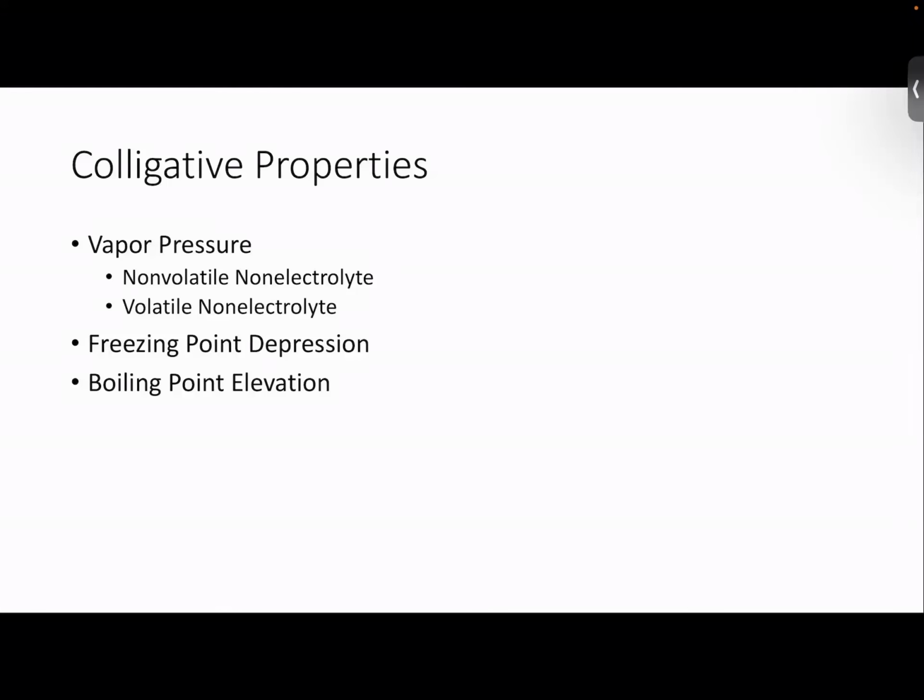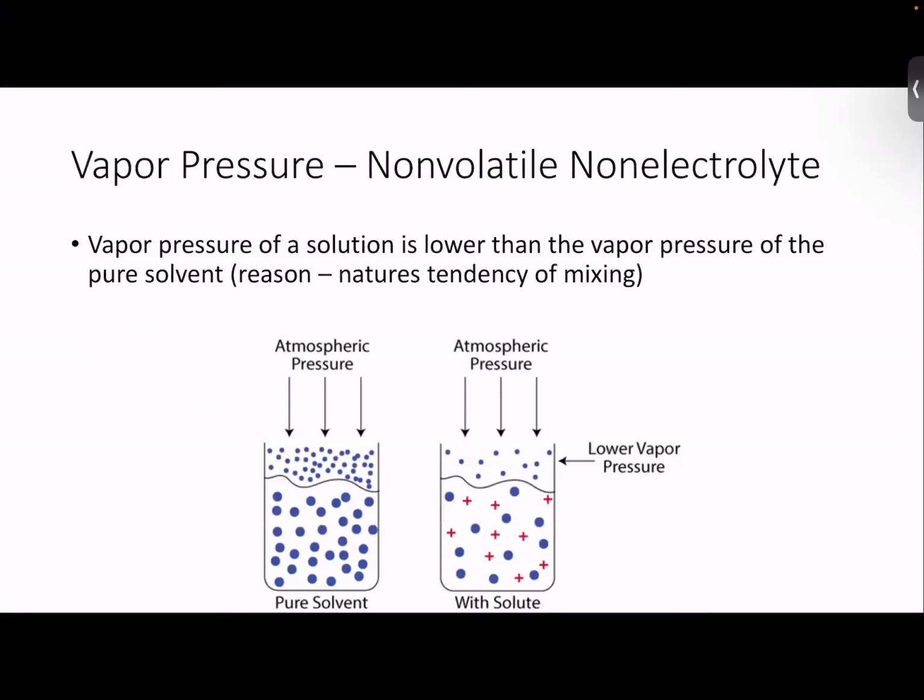Okay. First of all, I want to remind you of what vapor pressure is, which you had on your first exam. Vapor pressure describes the pressure that the gas molecules apply above a liquid layer.